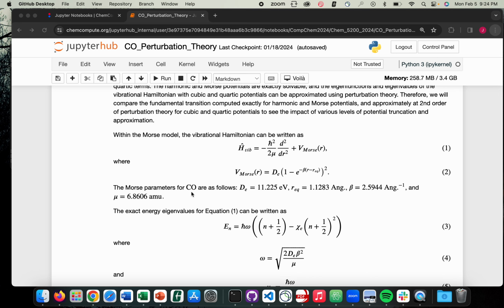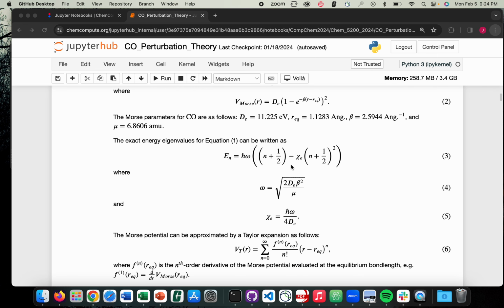Okay. Now, the nice thing about the Morse oscillator is it has an analytic solution. So we can actually write down the energy eigenvalues of that Morse oscillator through this expression here. I have this term which looks like the harmonic oscillator term, h bar omega times n plus 1/2, where n is the quantum number. And then I have this additional anharmonicity term, chi sub e, which goes basically as the quantum number squared.